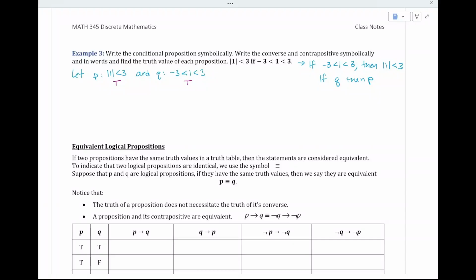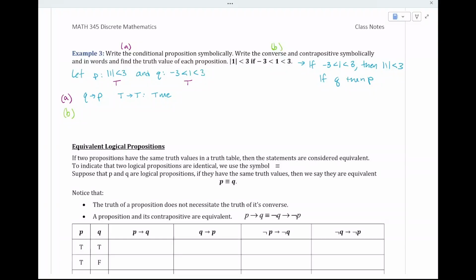So write the conditional proposition symbolically. That is Q implies P, which is true implies true, and that is true. So we'll maybe say that that was A. Next up, I want to write the converse.